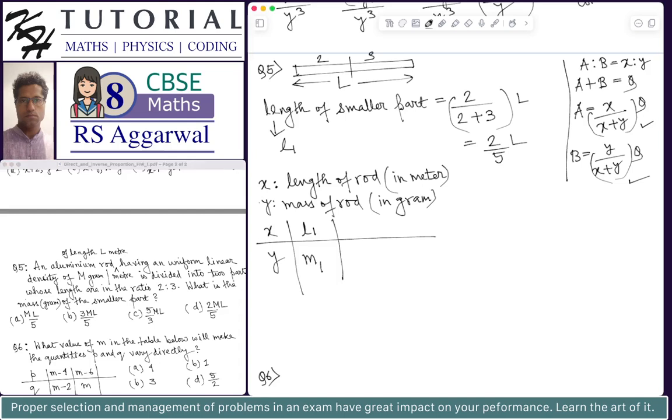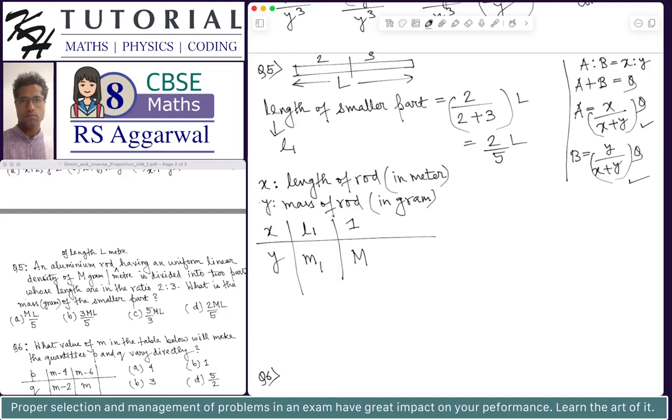So I can also add the data 1 and capital M. That is when the value of x is 1, that is the length of the rod is 1 meter, then the value of y is capital M, which is m gram, because it is given that the uniform linear density of the aluminum rod is m gram per meter, which means that 1 meter at any position across the entire length of the rod will have a mass of m gram. So I can also enter this data in the table.